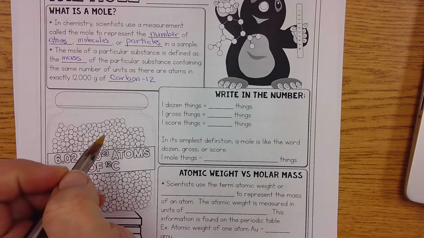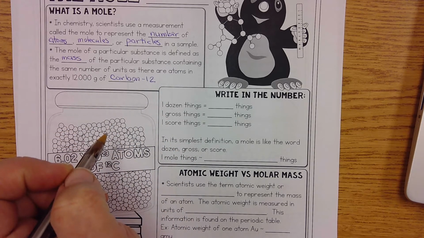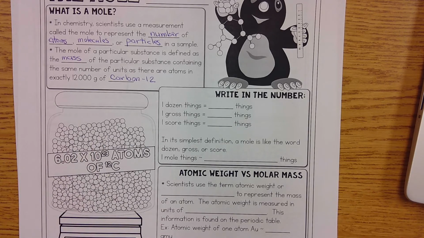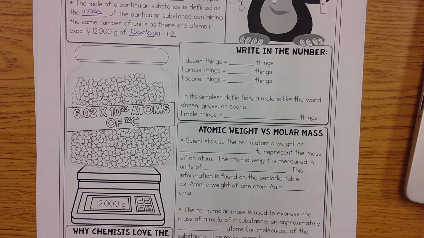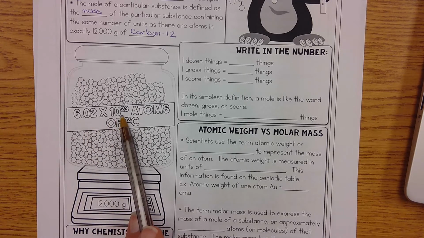So again, just like before, carbon is kind of our reference point. And you can see here in this little graphic, we are weighing out 6.02 times 10 to the 23rd atoms of carbon, and they weigh exactly 12 grams. So if we can put that many atoms of carbon on a scale, they weigh exactly 12 grams.